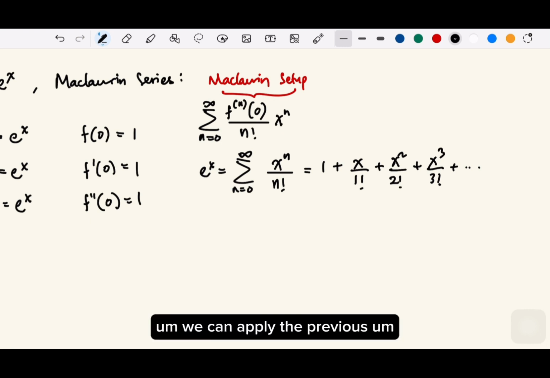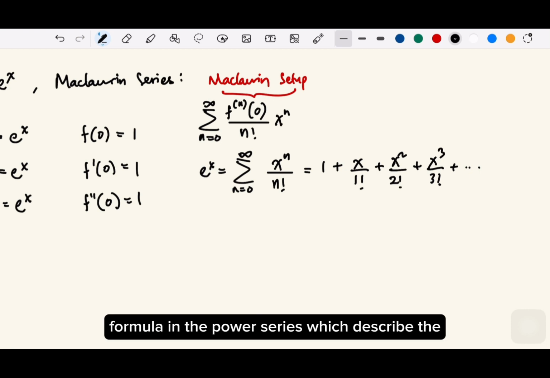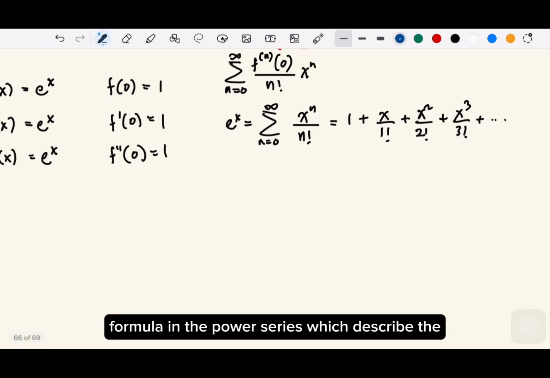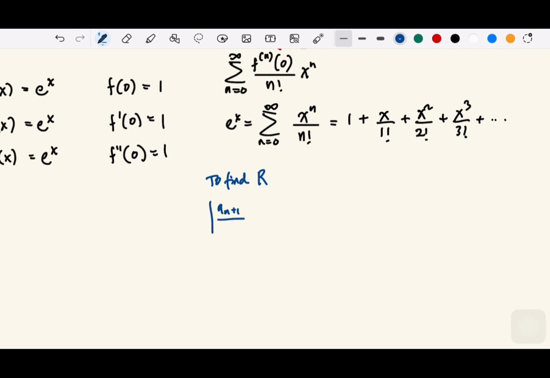We can apply the previous formula in the power series, which describes how to find the ratio and so on. We could start by finding r. We take the ratio test.